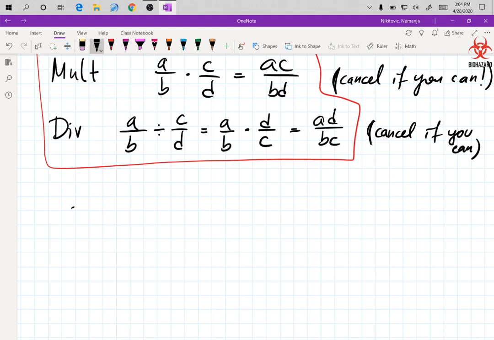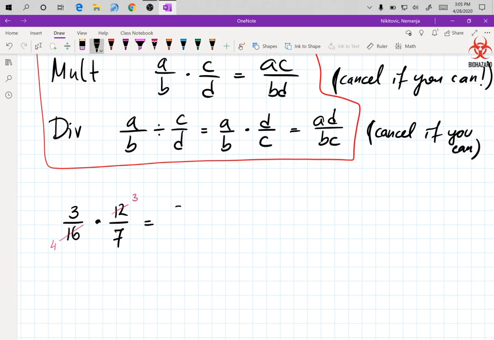So remember how you had, let's say, 3 over 16 times 12 over 7. You are supposed to multiply across, but we can cancel. We cancel 16 and 12 by 4. We get 4 and 3.